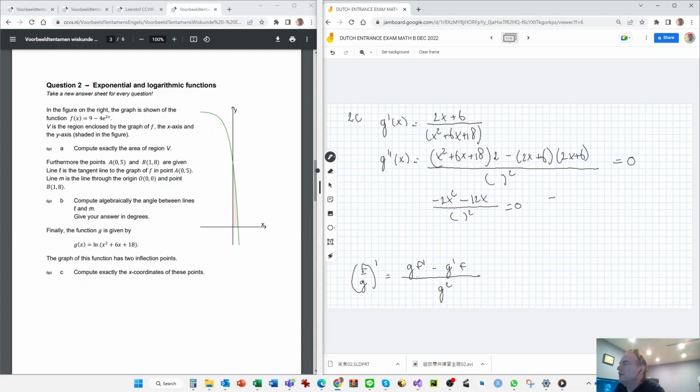So I can pull out minus 2x times x plus 6 is equal to 0, and that means x equal to 0 or x is equal to minus 6.